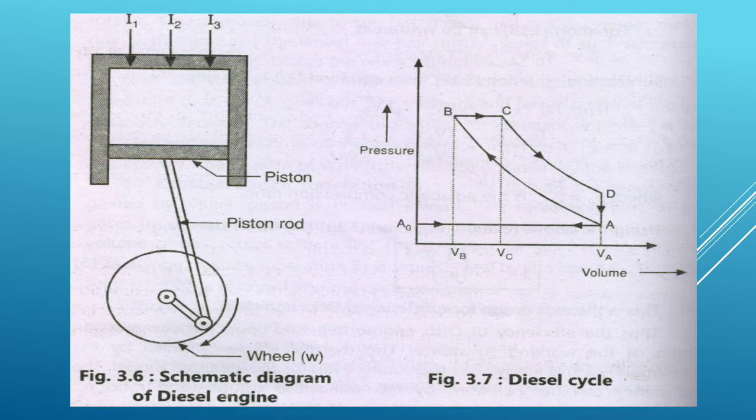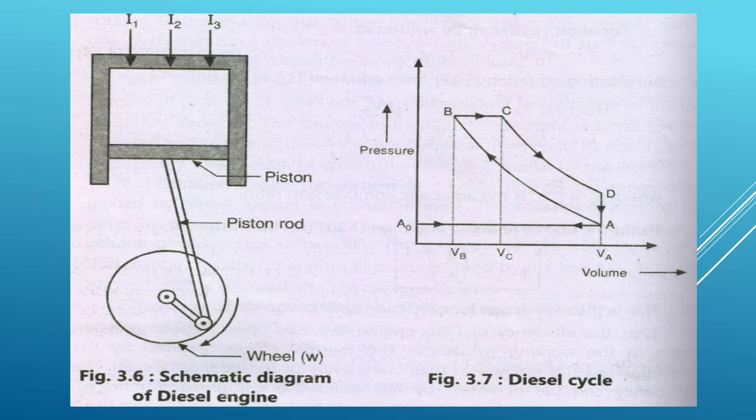Second operation, that is compression stroke. All the 3 valves, that means I1, I2, I3 are kept closed and the piston moves inwards so that air is compressed adiabatically to about 1/17th of its original volume.